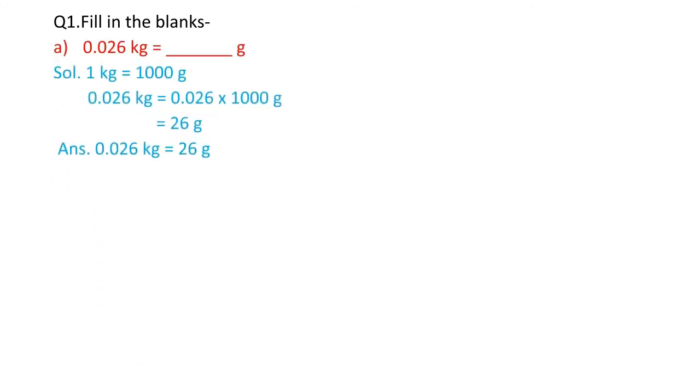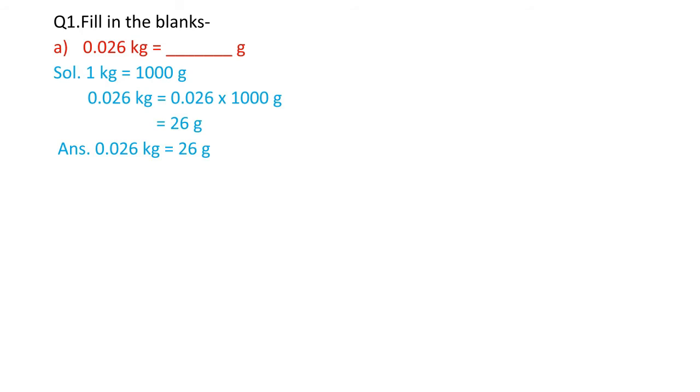Now students, we will be solving some questions. First one: 0.026 kilogram is equal to dash gram. Here we need to convert kilogram into gram. So the relation is 1 kilogram equals 1000 gram. So 0.026 kilogram is equal to 0.026 into 1000 gram.